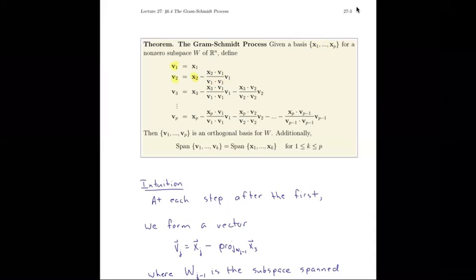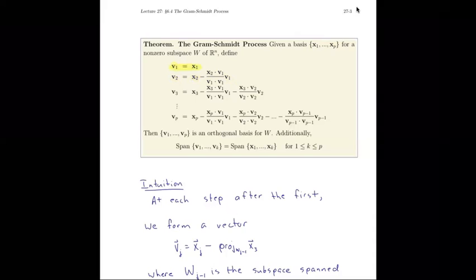Maybe we could see that reasonably well by realizing that v1 is x1, and then v2 is equal to x2 minus that projection, so we'd solve for x2. x2 is equal to a scalar multiple of v1, plus this vector v2. And we'd see that, yeah, x2 is in the span of v1 and v2 as well.